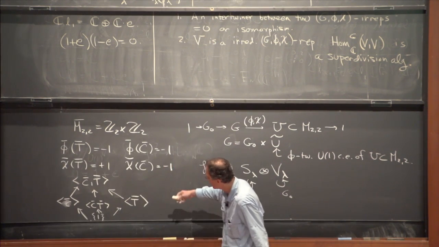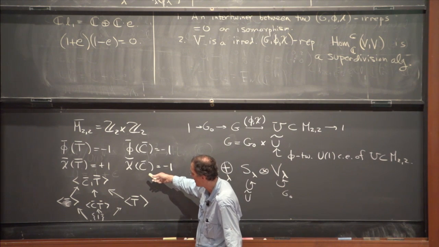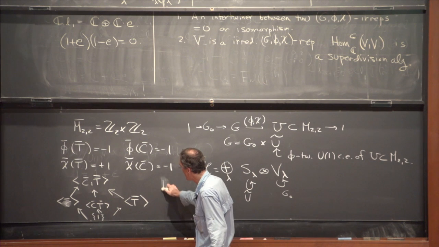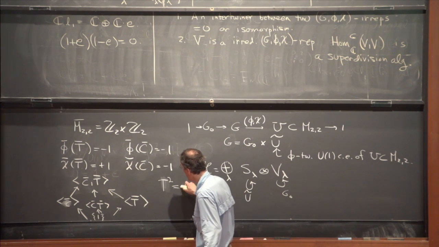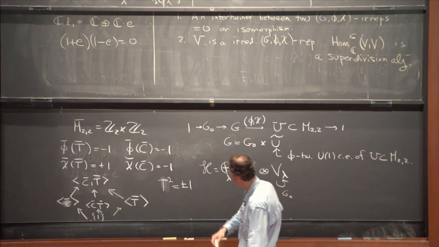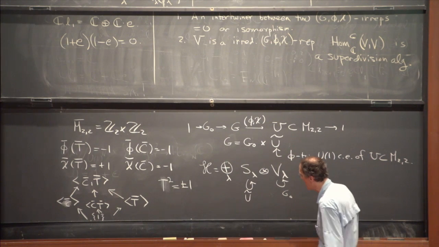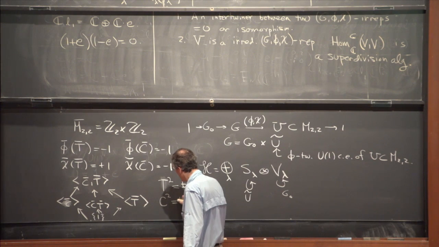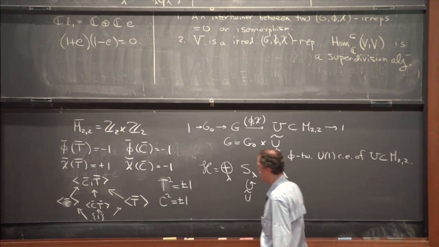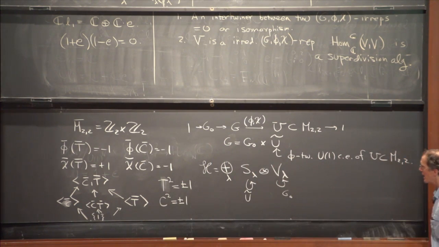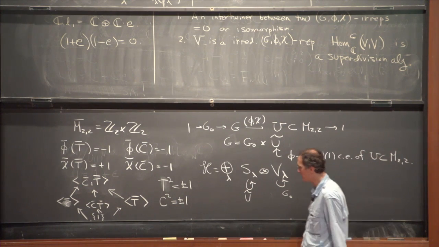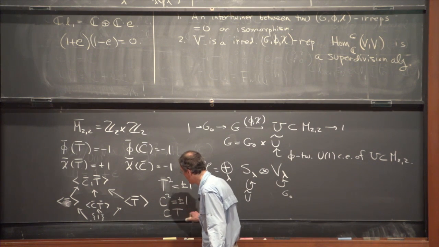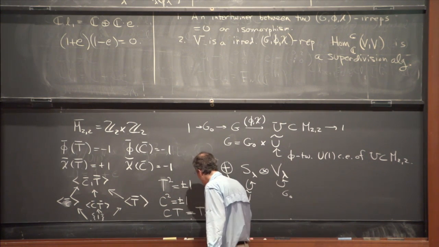Now, if you denote the lifts of C bar and T bar to U tilde, then I proved last time that the lift of T has a square which is plus or minus 1 independent of lift. For exactly the same reasons, the lift of C bar, which I'll call C, has a well-defined sign for its square, and without loss of generality, you can take C and T to commute.